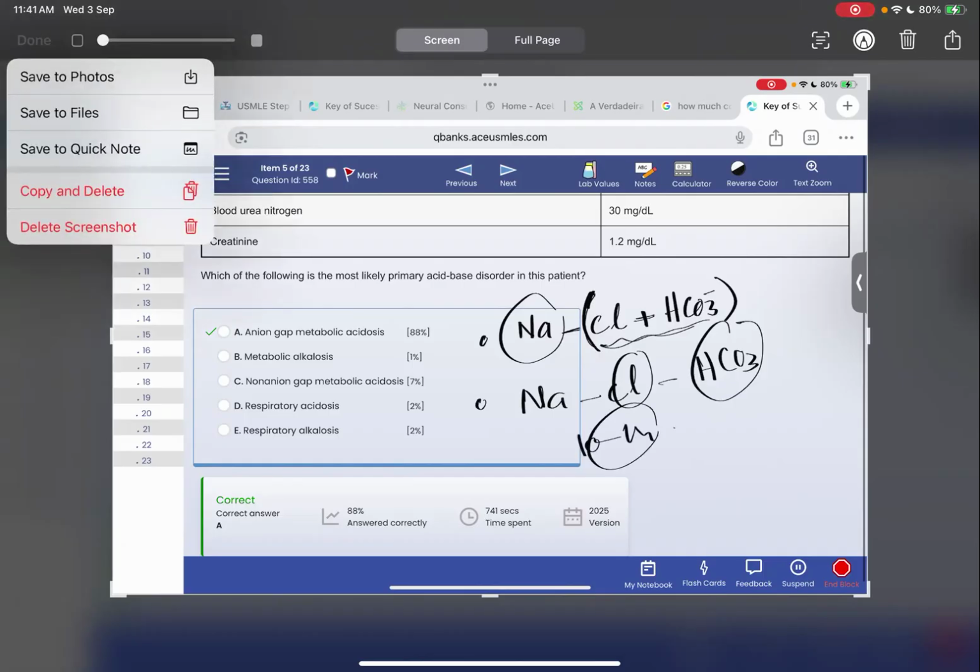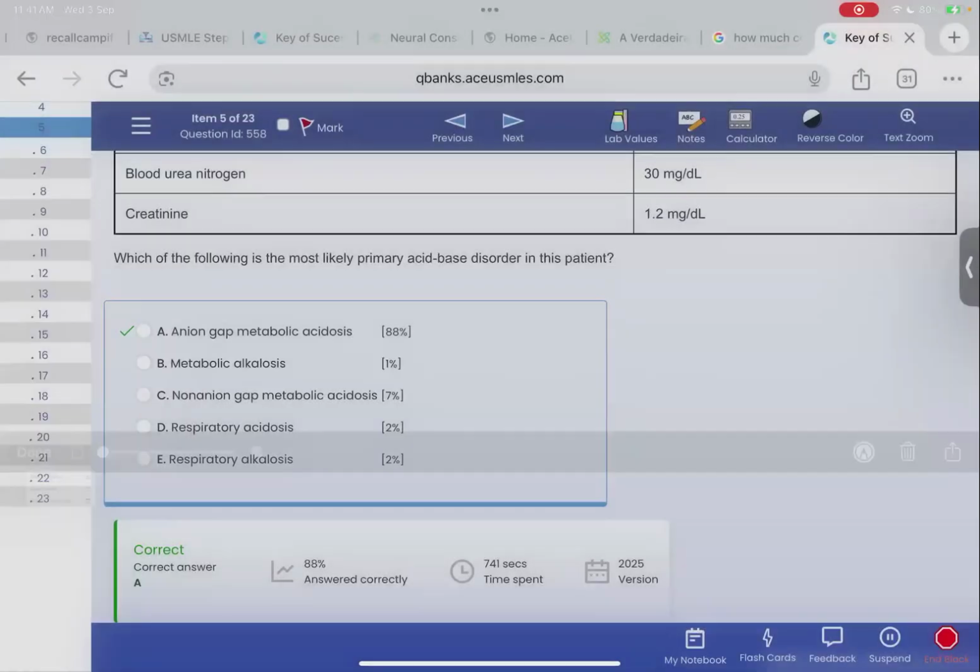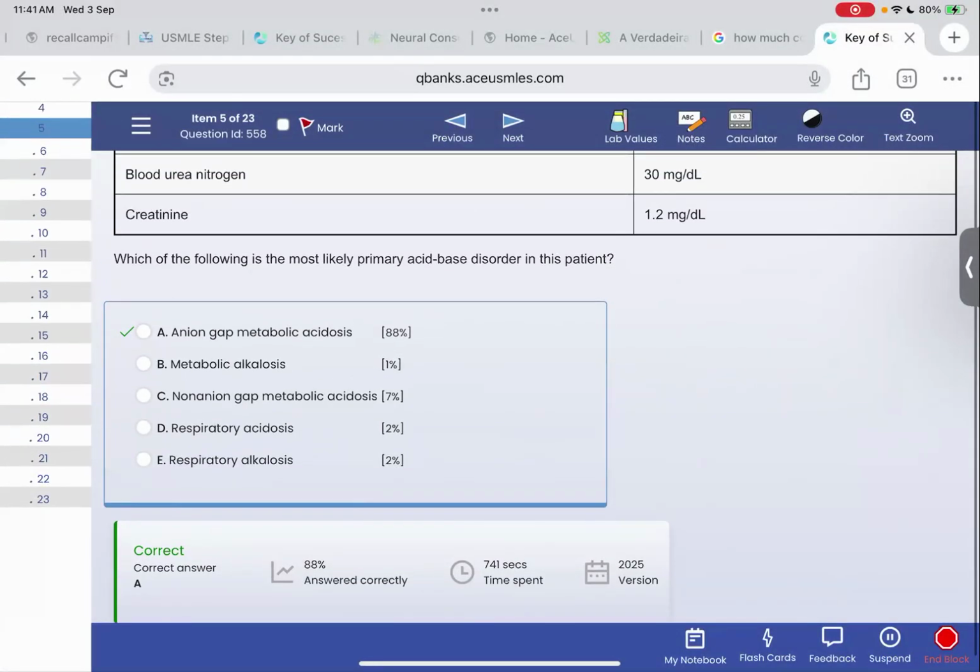The other options are already explained, like why not respiratory. If it is more than 14, it will be anion gap metabolic acidosis.